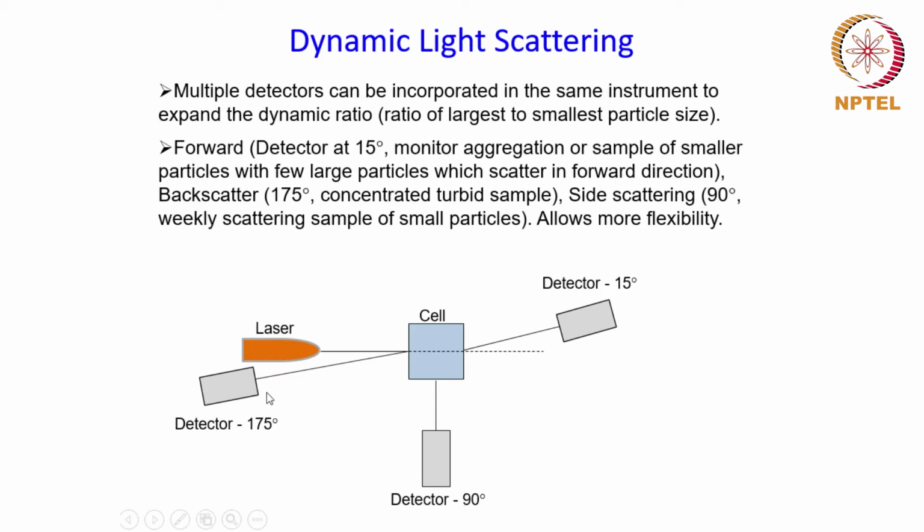Okay, so which one to be used to capture the backscatter signal will again depend on the type of sample. For example, this 175-degree detector is used for concentrated turbid samples where the particle concentration is high, and this 90-degree detector is useful for weakly scattering samples of small particles, right?